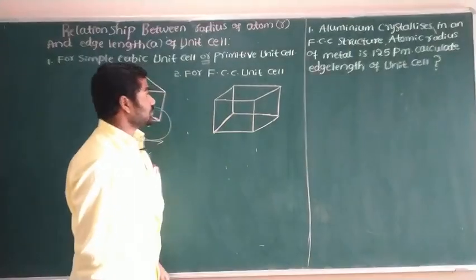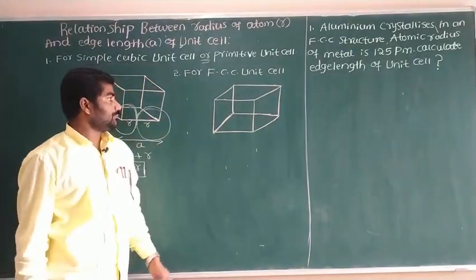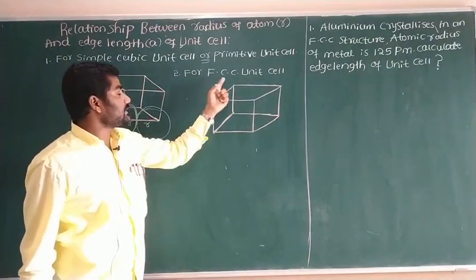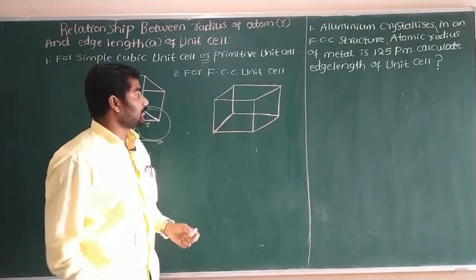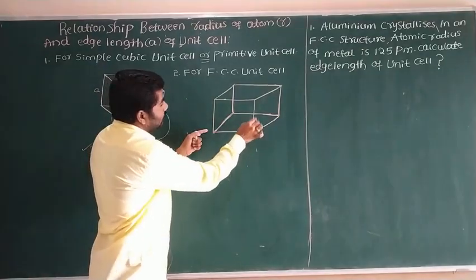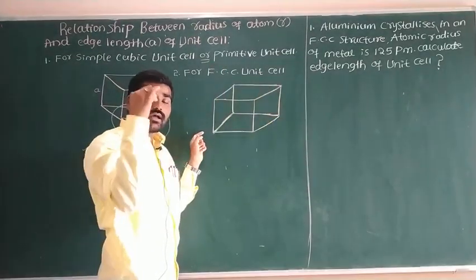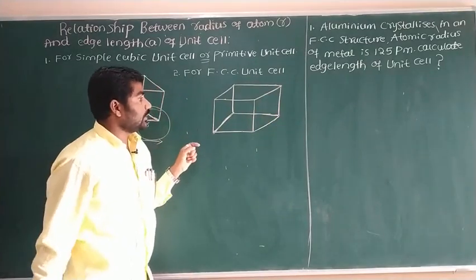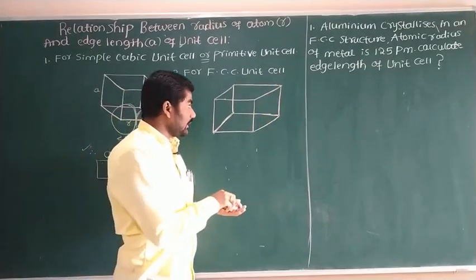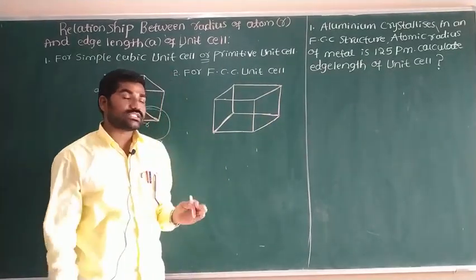Clear? This is a cube. In the case of the FCC unit cell, the particles are present at 8 corners: 1, 2, 3, 4, 5, 6, 7, 8. Along with these 8 corners, the constituent particles are also present at the center of all 6 faces.